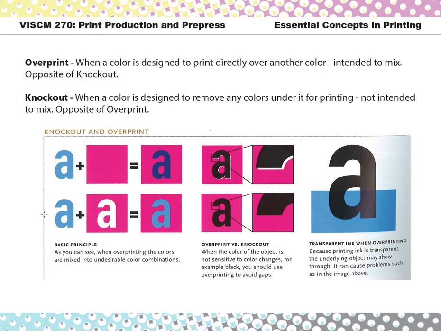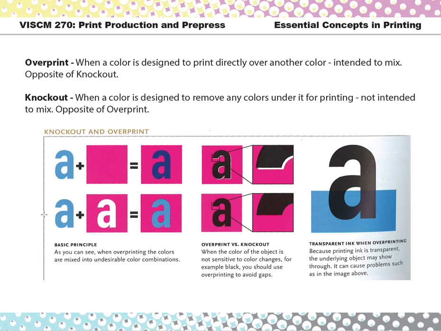There is an overprint setting where you can have objects overprint. It's not advised because you get unintended consequences. You don't really know what the color is going to turn out to be when the inks do mix. So generally you're covered, but it's good to know what overprint and knockout are. Sometimes a printer will ask you to make something overprint.